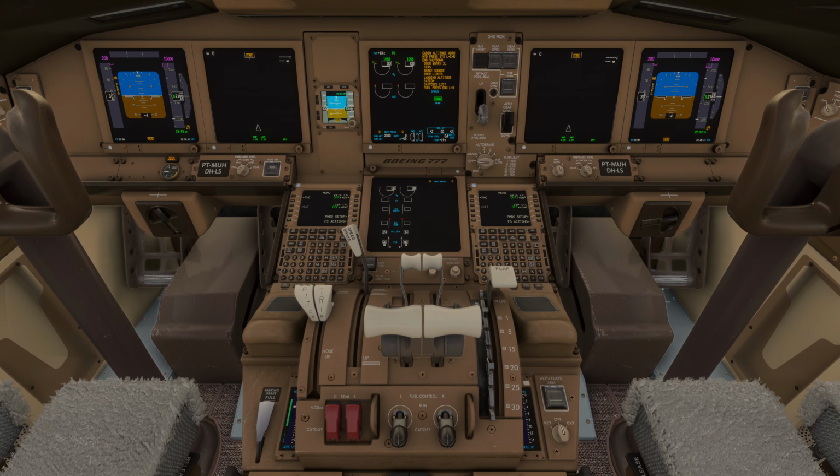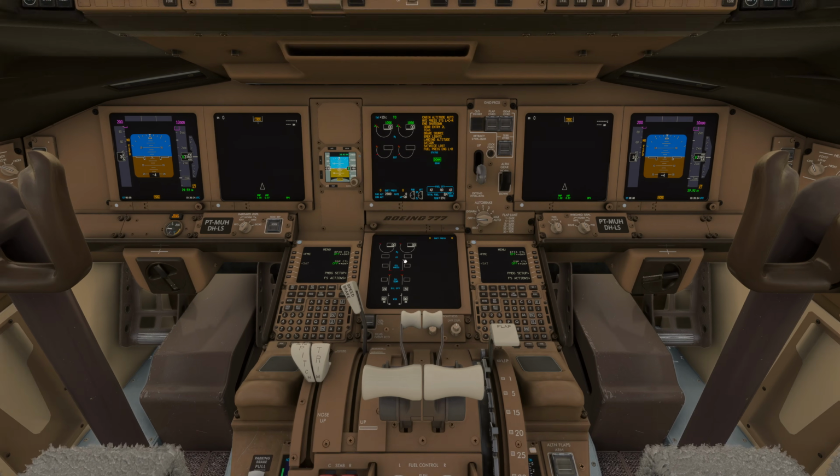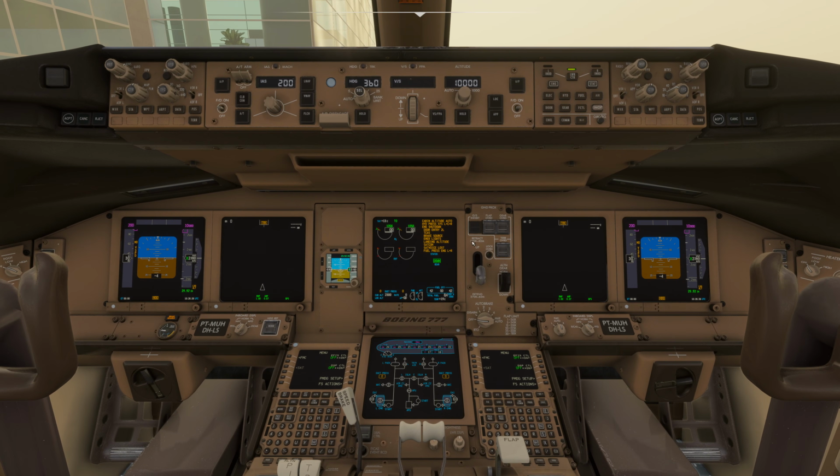If we go all the way down here and we go to our air conditioning, it's not working. Let me just show you here. If we go to the air conditioning, right now we can see that our external temperature is 13, which is a low temperature.